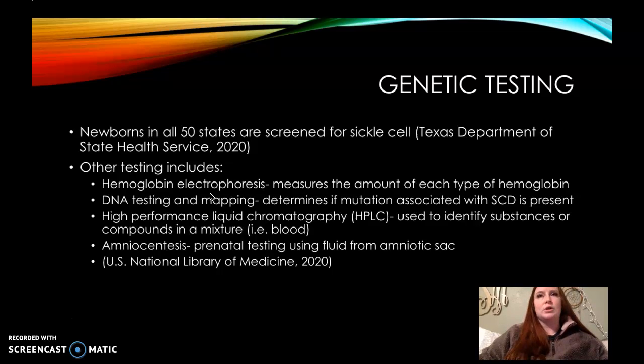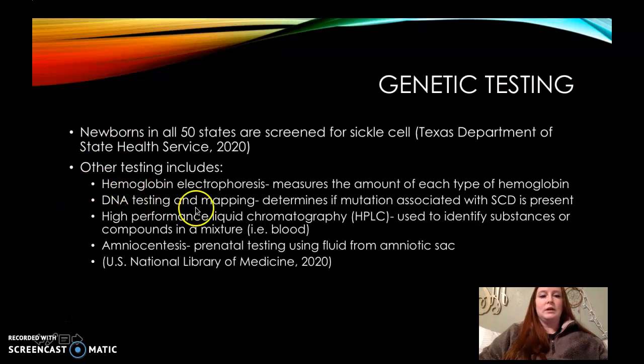Like I said, there's multiple different types of hemoglobin, so this can show how much of one specific type a person may have. There's also DNA testing and mapping, and this can help determine if a person has the associated mutation with sickle cell, like the previous mutation that we discussed, from glutamic acid to valine.